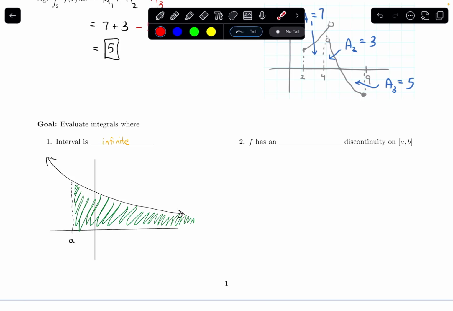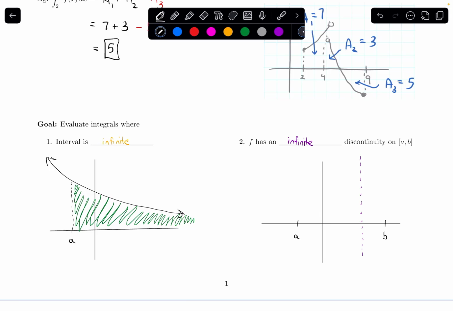The other type of improper integral is, what if my function has an infinite discontinuity? So we already talked about what this looks like a little bit, but let's draw another picture. Let me draw some axes, and then I'll draw some interval from a to b. So an infinite discontinuity means I have a vertical asymptote. So maybe now I'll draw a situation where it's in the middle.